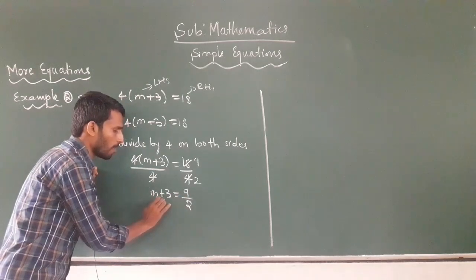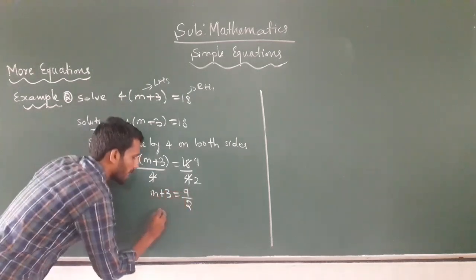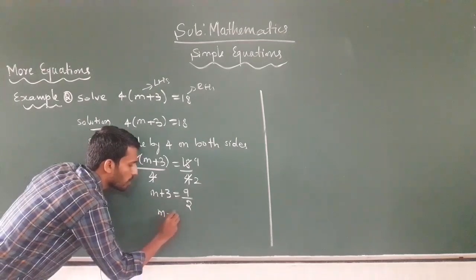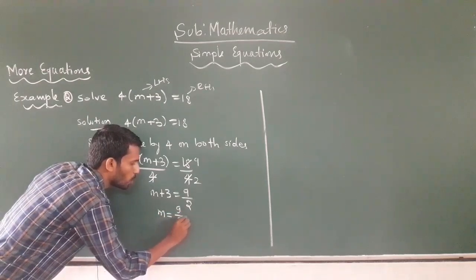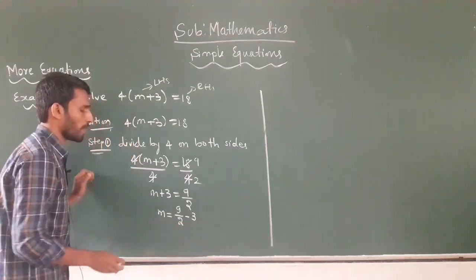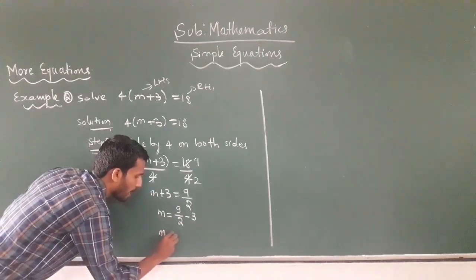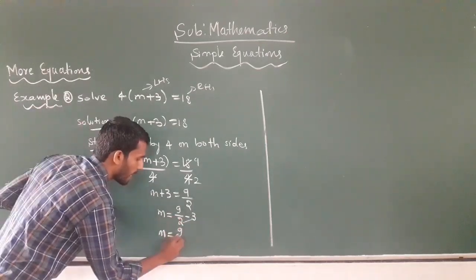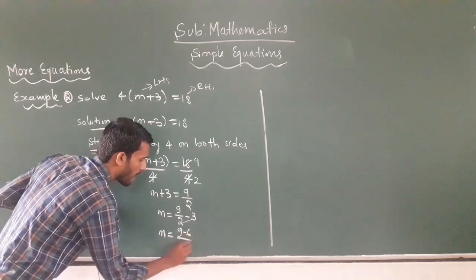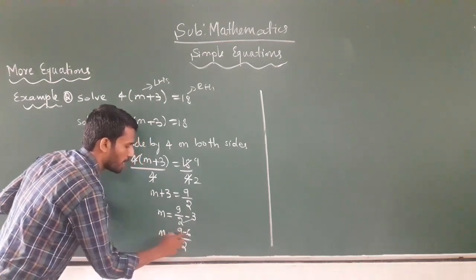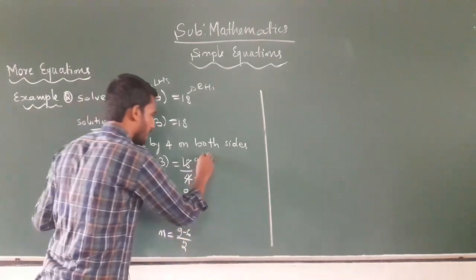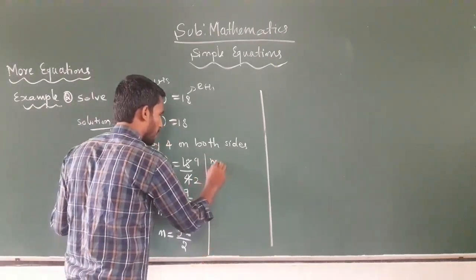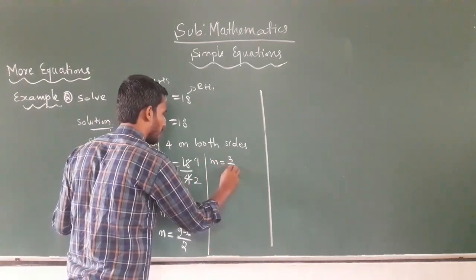When we transfer 3 from LHS to RHS, we are getting m is equal to 9 by 2 minus 3. When we take the LCM here, m is equal to 9 minus 6 by 2. When we do the subtraction, we are getting m is equal to 3 by 2.